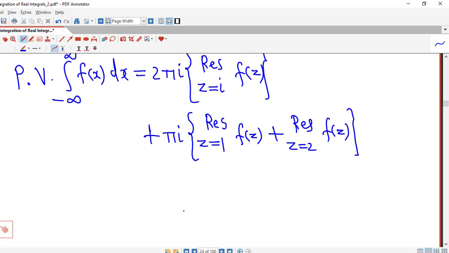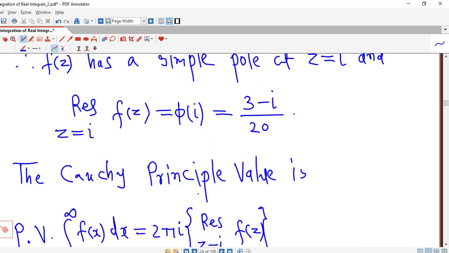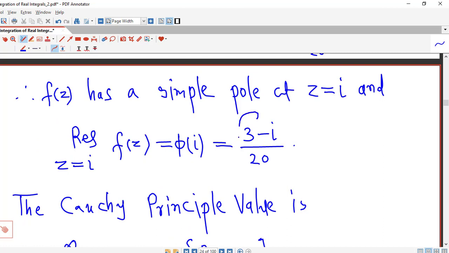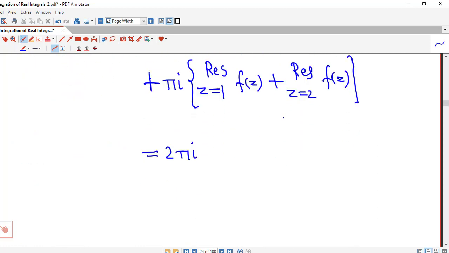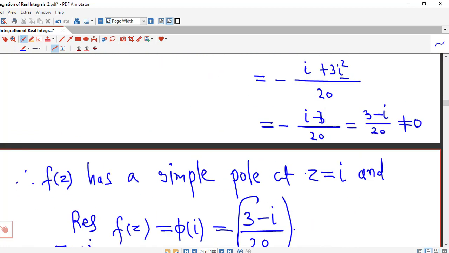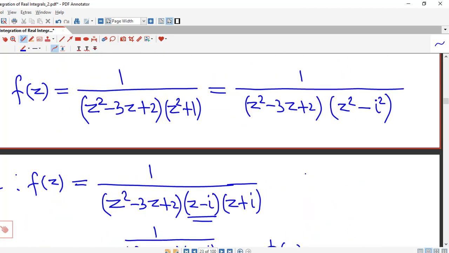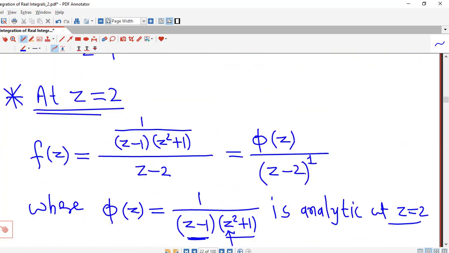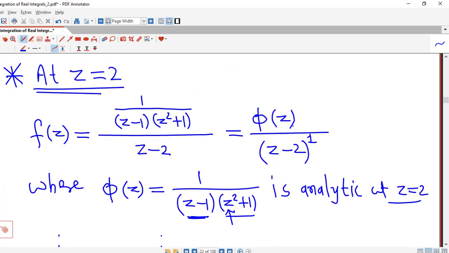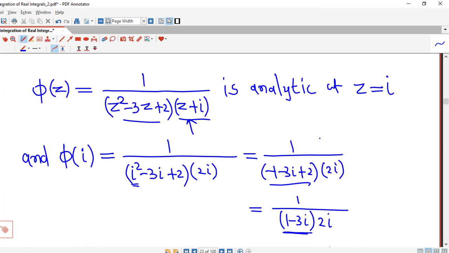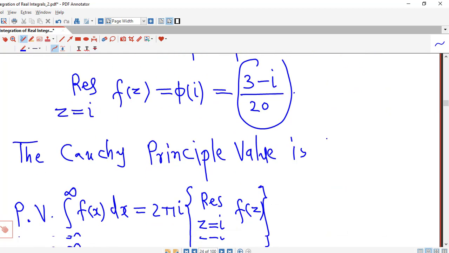Now we substitute all these values. 2 pi I times the residue of f of z at z equal to I, which is (3 minus I) over 20, plus pi I times the residues of f of z at z equal to 1 and z equal to 2. At z equal to 2 it is 1 by 5, and at z equal to 1 it is minus 1 by 2. So minus 1 by 2 plus 1 by 5.